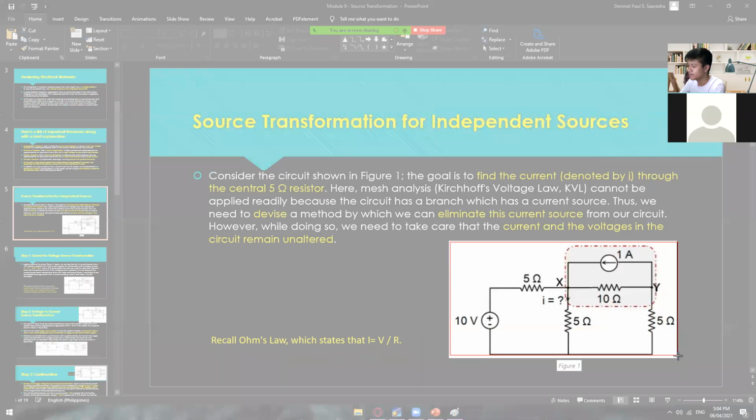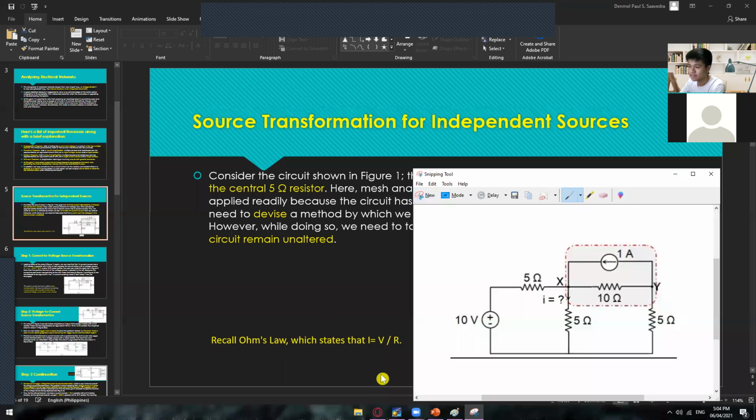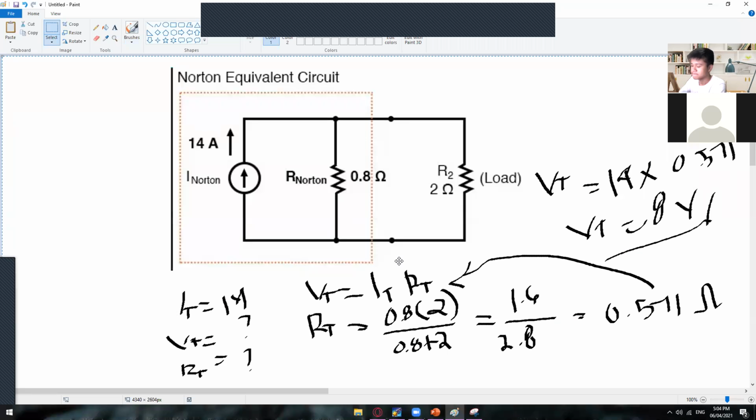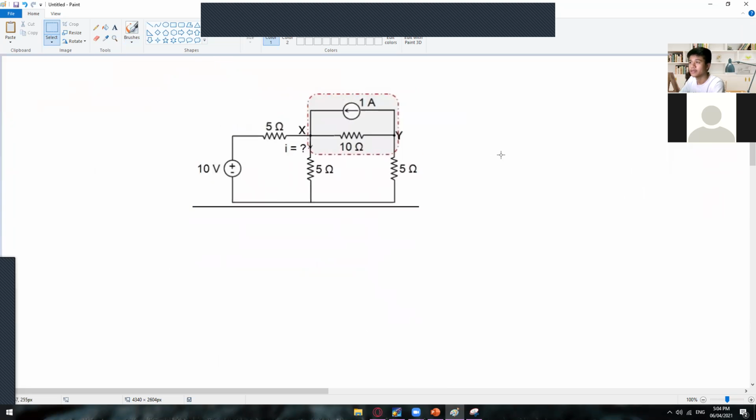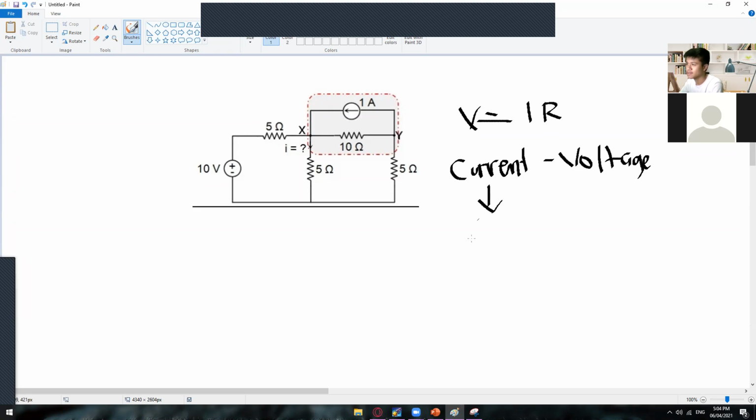As long as you have a resistance on it, going back to Ohm's law, V is equal to I times R. Here we have a given current and a given resistance. So if you're going to convert a current into a voltage source, the current source and the resistance must be in parallel with each other.